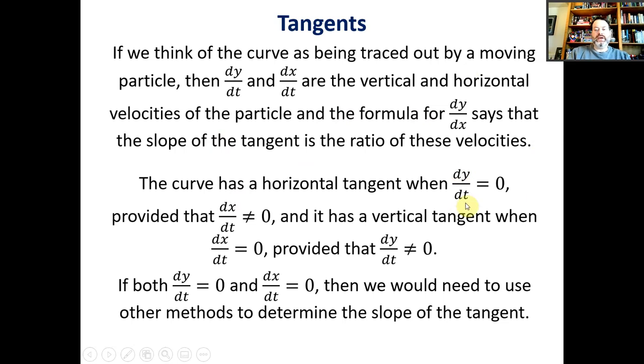If dy/dt happens to be 0, that's a horizontal tangent, as long as the denominator is not 0. And there's a vertical tangent when the denominator is 0, as long as the numerator is not. If both of these happen to be 0, then we don't have a method of finding the tangents right now, and we'd have to use other methods, like factoring methods, L'Hopital's rule, something like that.